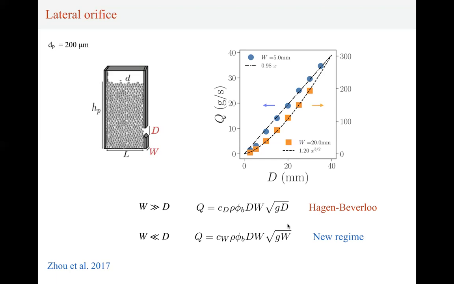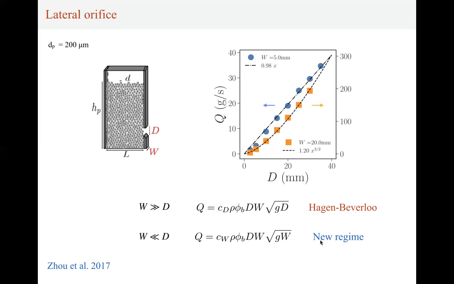I didn't say it before, but you can see it on the sketch: the outlet spans the wall thickness. So there is nowhere for an arch to develop in the thickness. So it was really surprising to have a velocity which scales with the thickness.